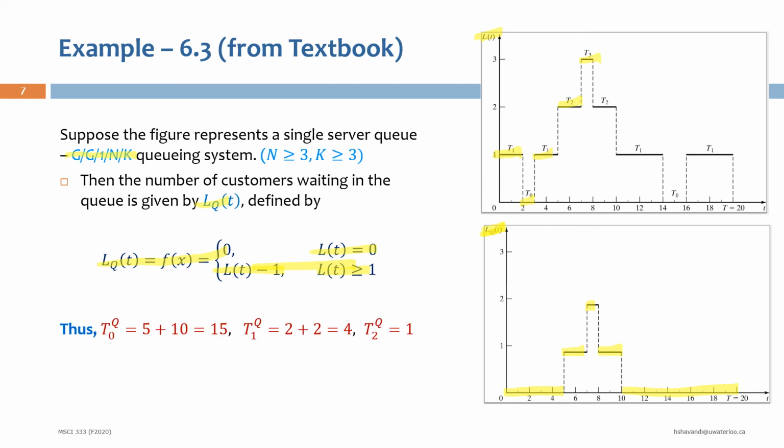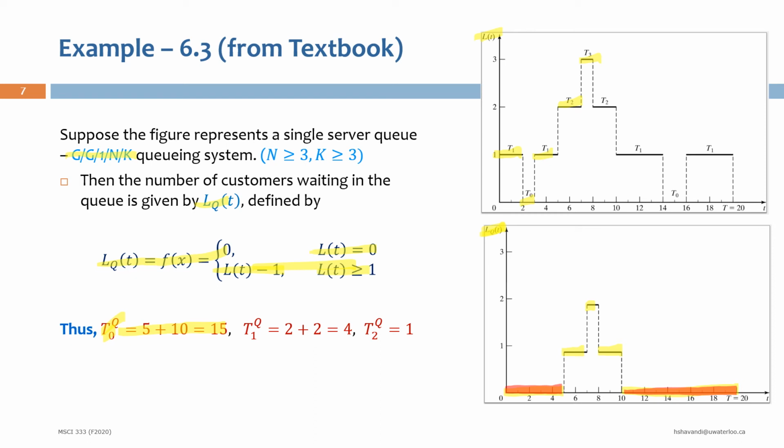Okay. So as you see here, TQ0, the total time that we have no customer in the queue, is 5 plus 10, or 15 minutes, right? Let me show with a different color here. Yeah, 10 minutes here and 5 minutes here. So that will be 15 minutes that we have no customer in queue.